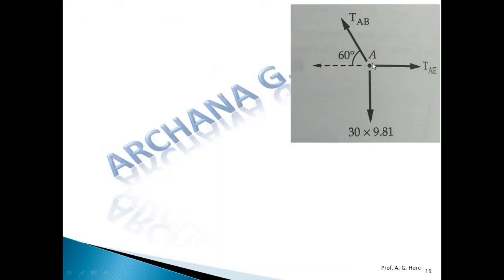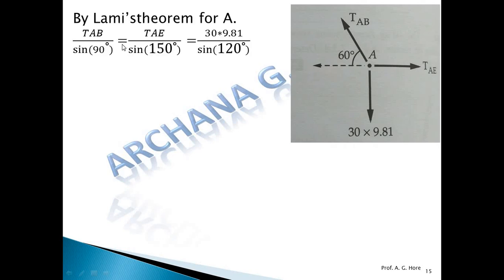For point A, find the remaining angles between the forces and apply Lami's theorem. Tension AB over sin 90, since this angle is 90 degrees, equals tension AE over sin 150, since this is 90 plus 60, equals this force divided by sin 120 degrees.